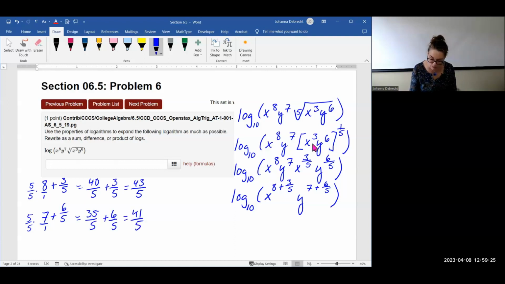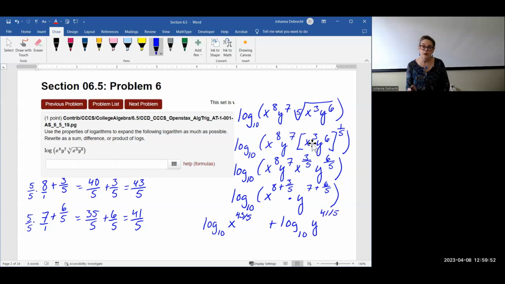So coming back over here, I have new powers. These are multiplied together, so I can split it up into a sum. So I have log base 10 of x to the 43/5 power, and I'm going to have to write sideways because I'm running out of room, plus log base 10 of y to the 41/5 power.